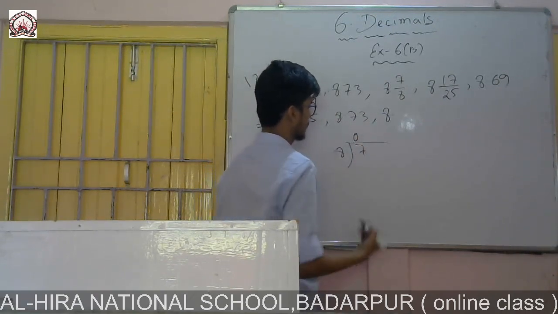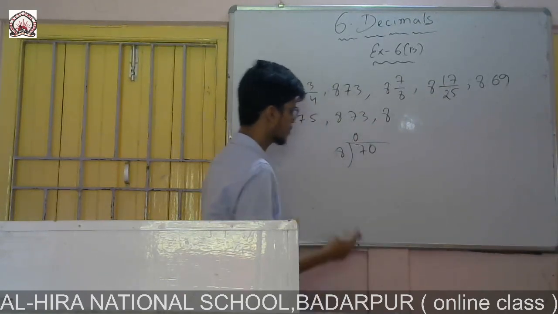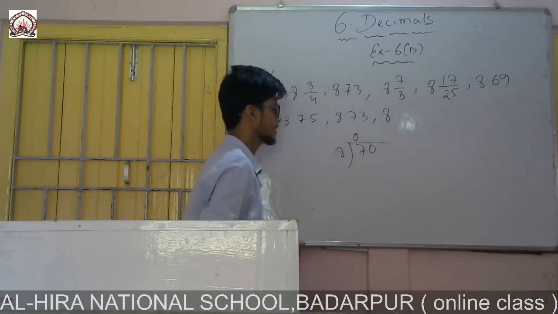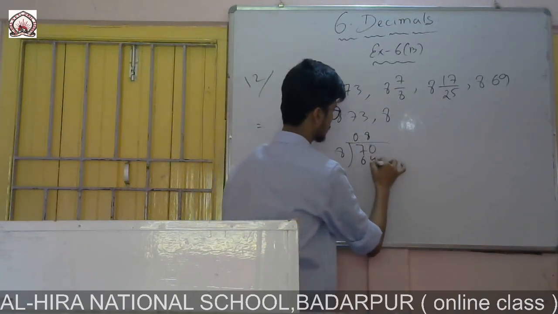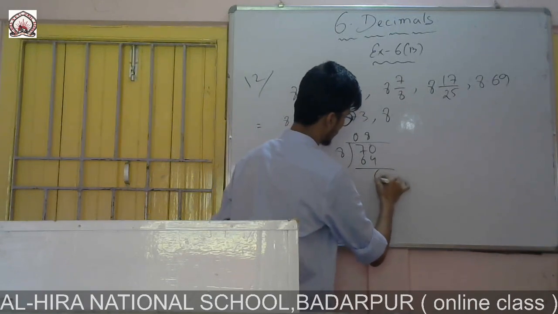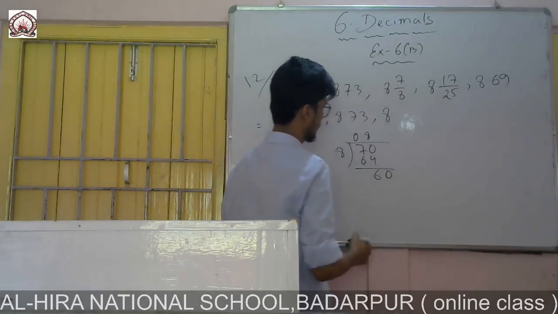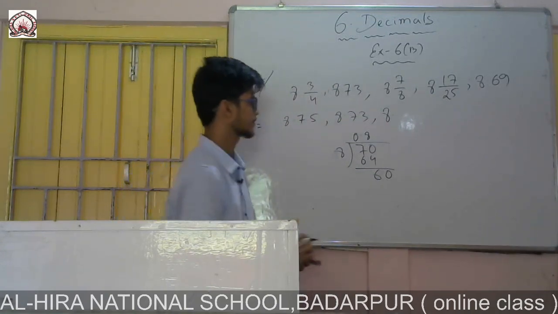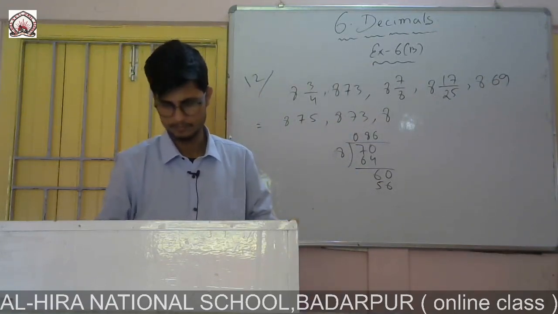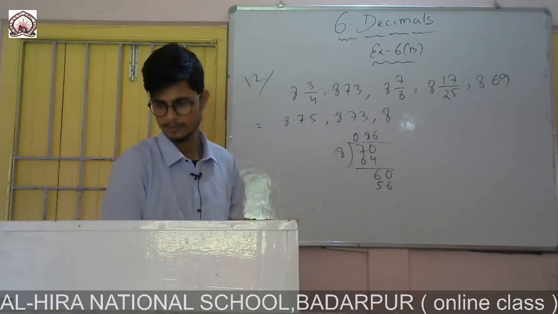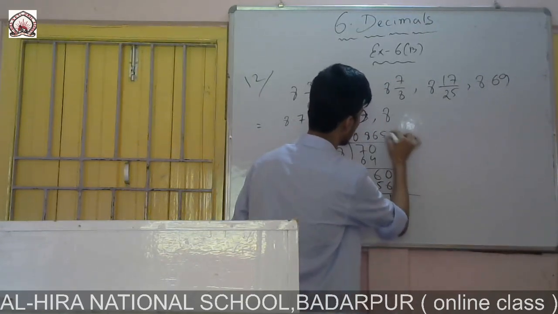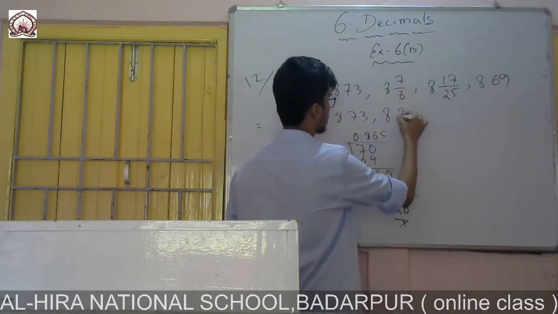I will put a decimal point and 0, 7 0, 8 8s are 64, then 6 remains, then with the decimal point I can put 0, 60, 8 7s are 56, 4 remains, then 40, 8 5s are 40. That means after the point there will be 875.